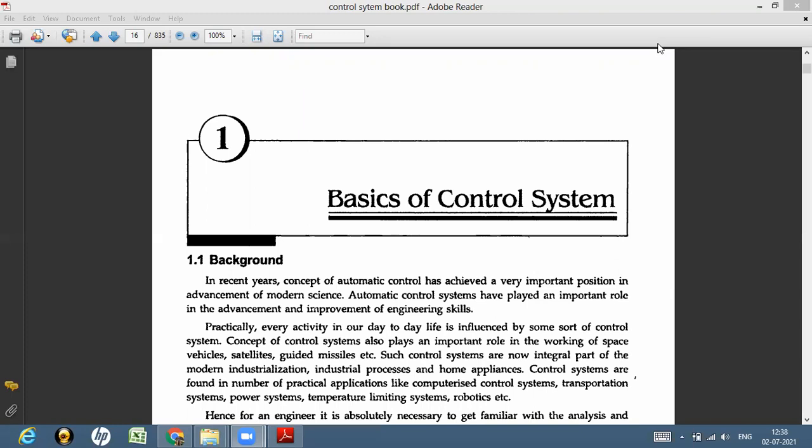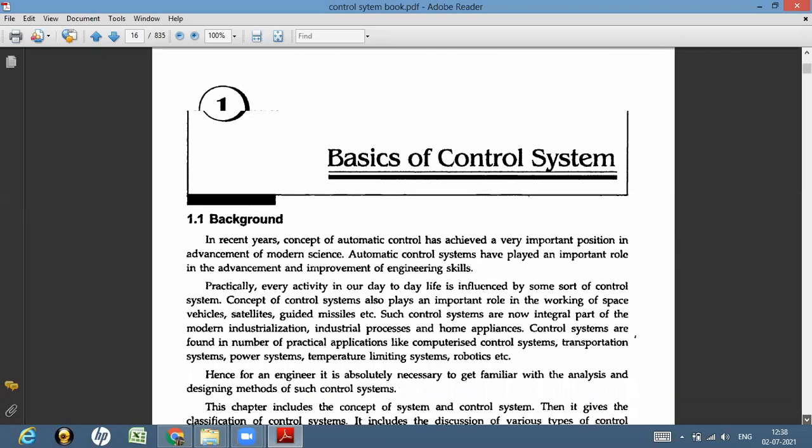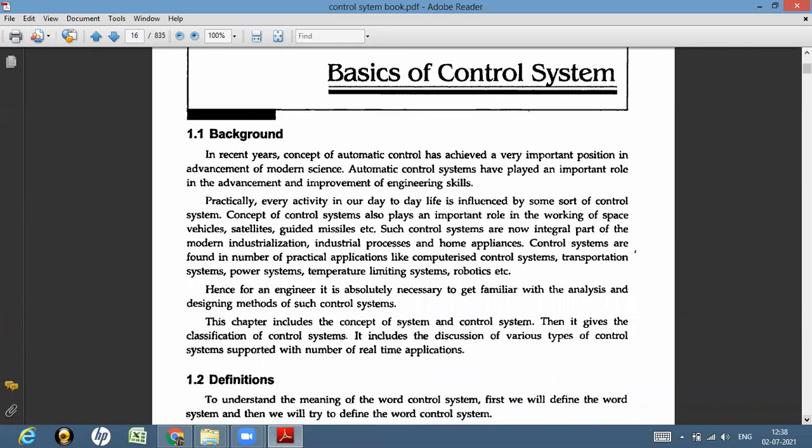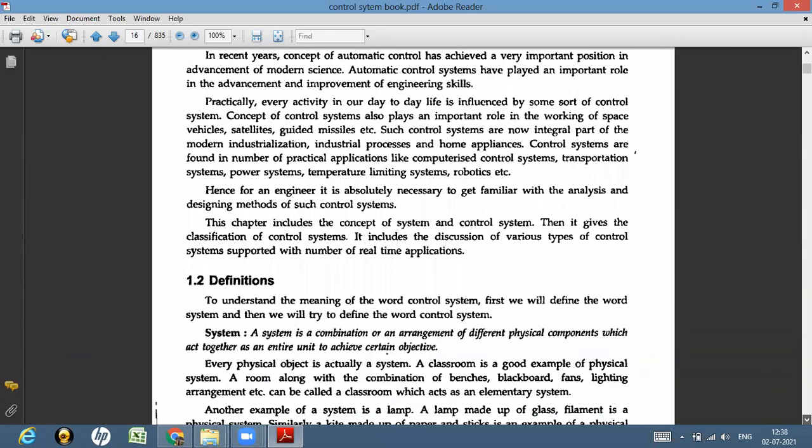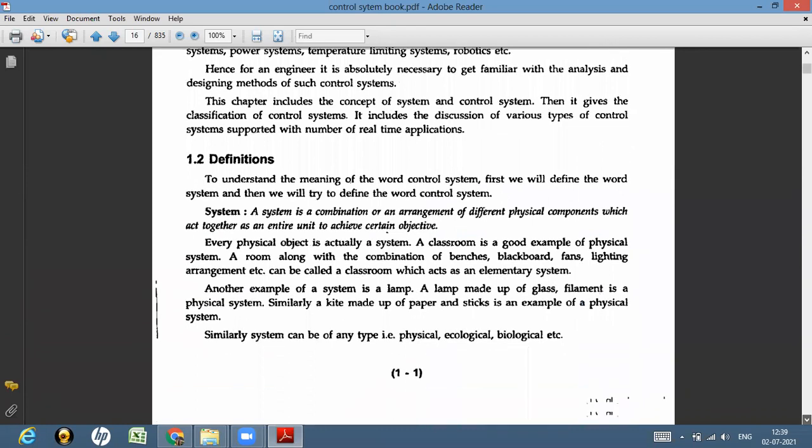Now, about the control system we discussed in my previous lecture, the very first thing is the definition of a system. What do you mean by a system? A system is a combination or an arrangement of different physical components which act together as an entire unit to achieve a certain objective.